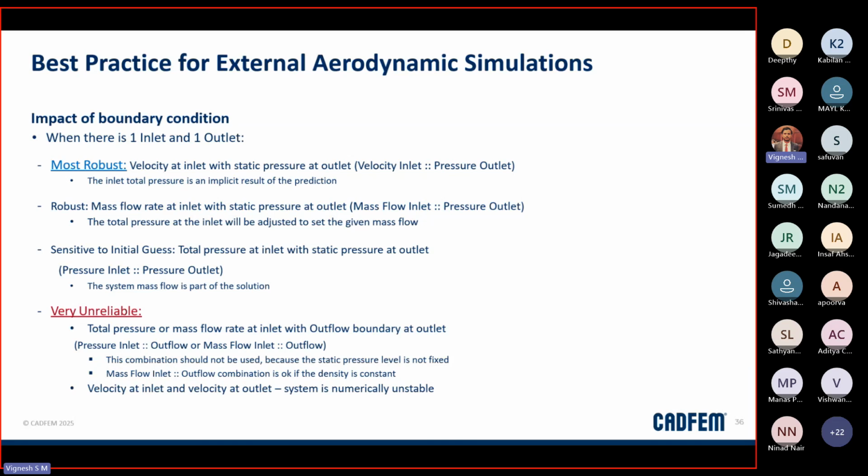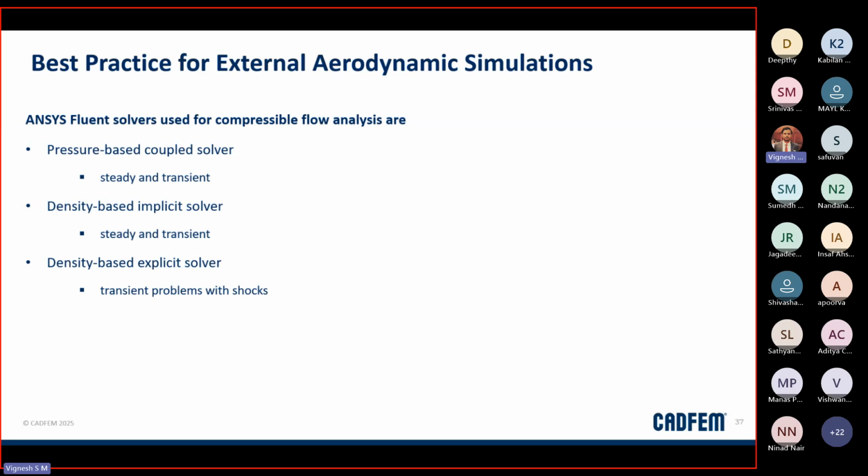If required, you can keep the velocity and pressure on the outlet at the top, depending on your requirement. But don't go with a static pressure inlet, total pressure inlet, or mass flow rate as an inlet. That seems a little tricky and not robust enough to solve the problem. You can try.